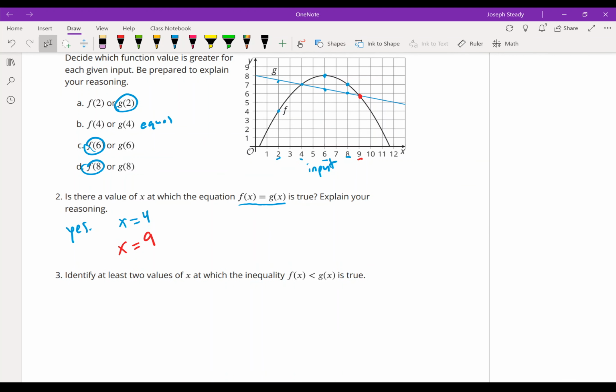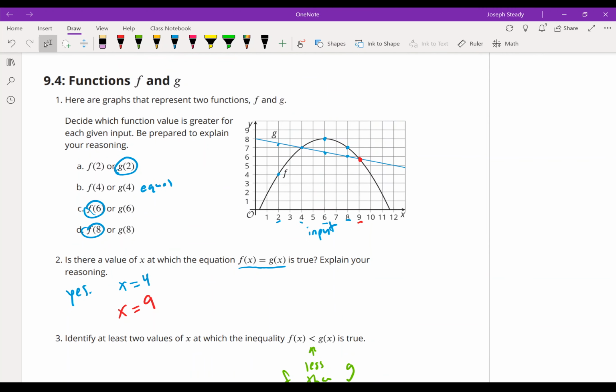The last part of this problem says to identify at least two values of x where the inequality f of x is less than g of x is true. Now there's tons of answers you can put here, but all we really need to make sure we do is find where f of x is less than g of x. So that means on the graph, I need f to be the y-coordinate of it to be lower than g.